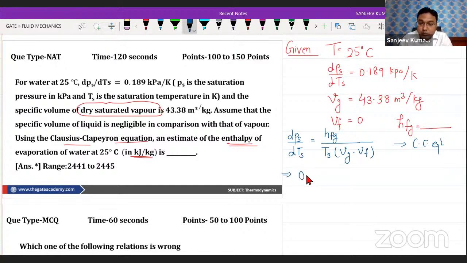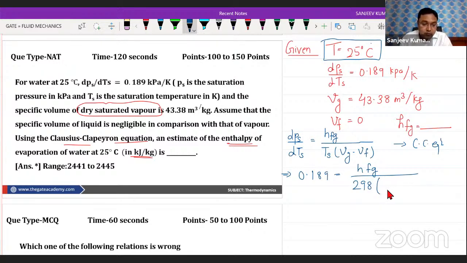This value is given, 0.189. You only have to take care of the unit if there is a change. Ts, saturation temperature, is given as 25 degrees. In thermodynamics, you do not use temperature in degree centigrade. You have to convert into Kelvin. So how much will it be? 273 plus 25, that is 298 Kelvin.